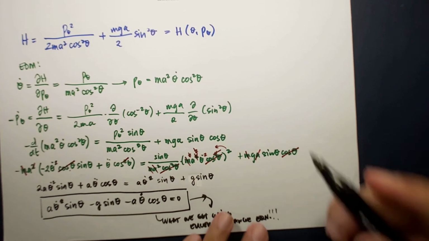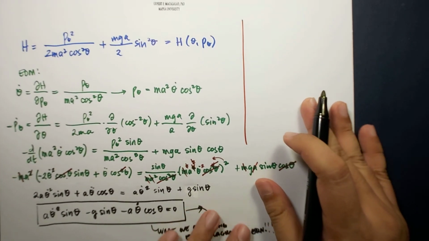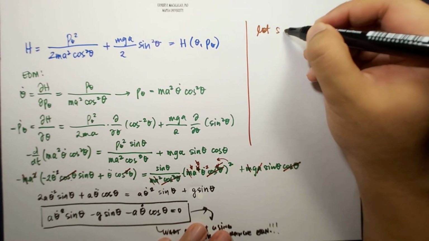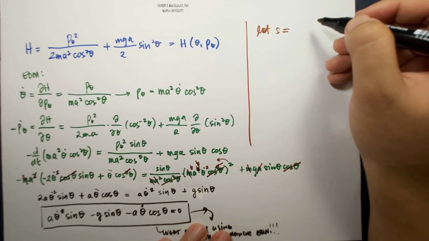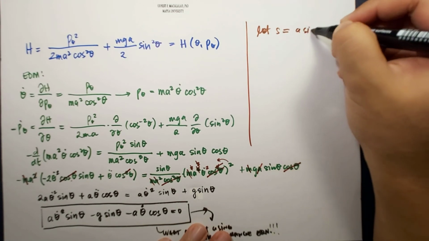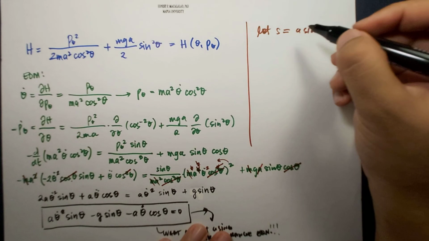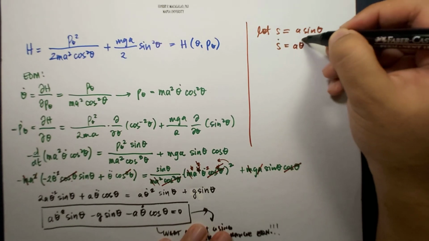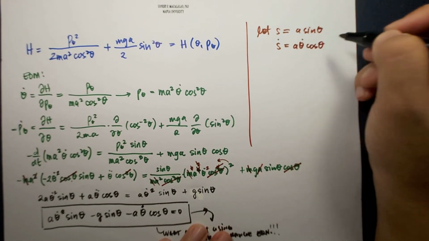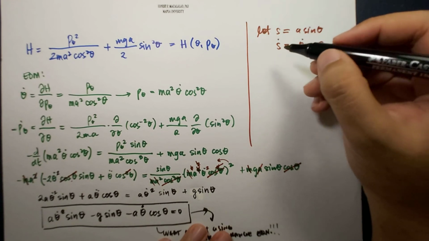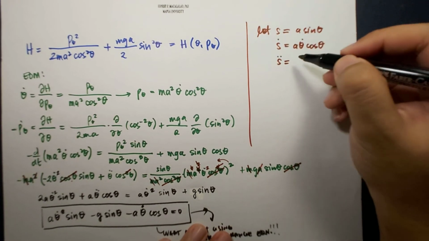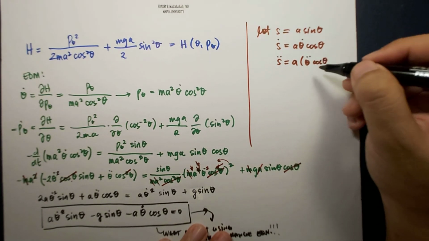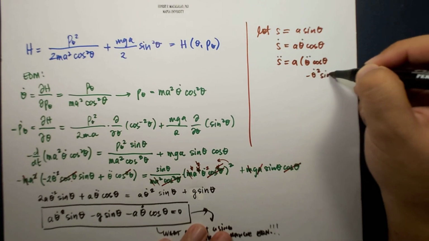Now let's say we're going to parameterize this, or suppose that we define variable s to be equal to a sine theta. From here we get that s dot would be equal to a theta dot cosine theta, and then s double dot will be equal to a theta double dot cosine theta minus a theta dot squared sine theta.